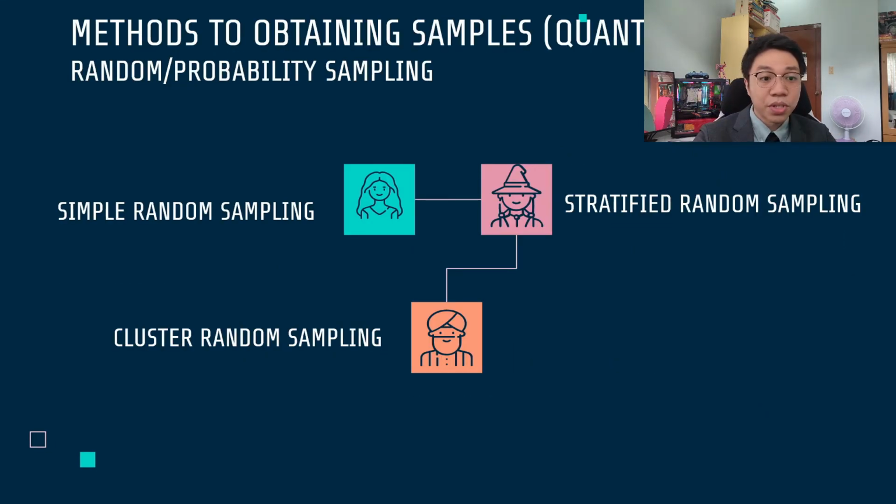Now that we know our research population, we now have to determine the methods of obtaining the samples. For the quantitative method, we have the random and probability sampling. The first one is simple random sampling, where the researcher simply picks from the sample population at random through either a lottery or a randomly generated number. A stratified random sampling is where the researcher collects the sample knowing the characteristics of the population that will be beneficial to the research.